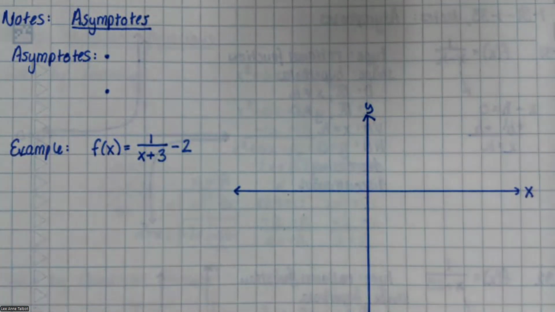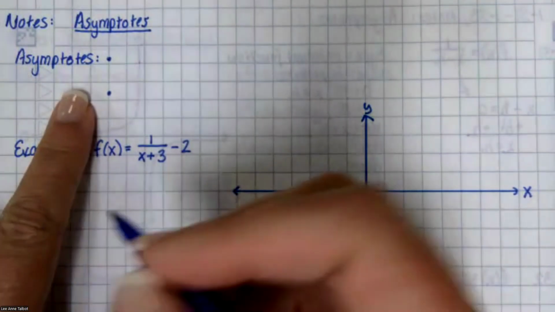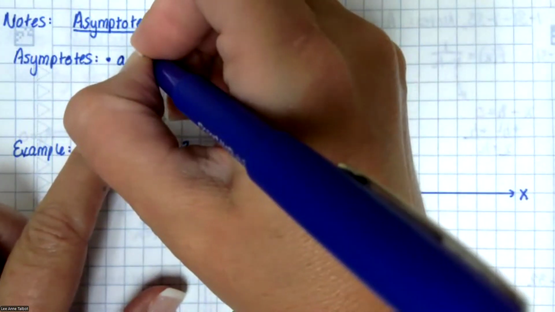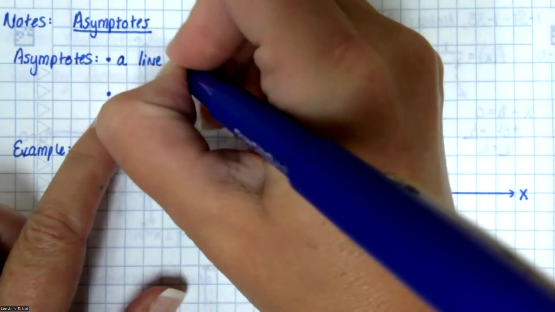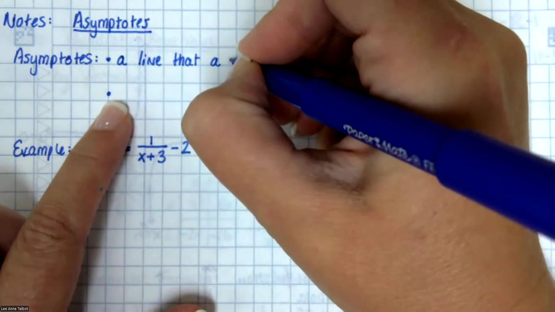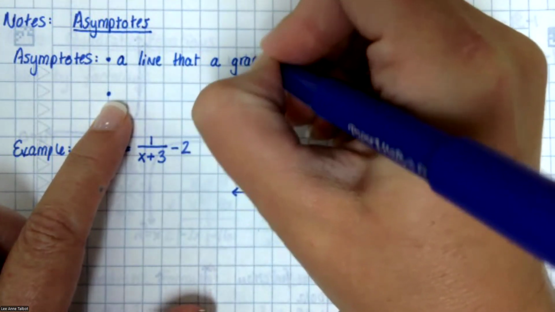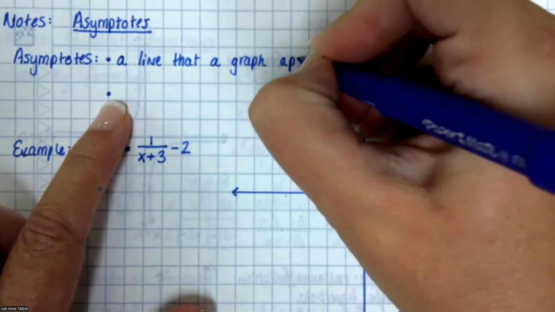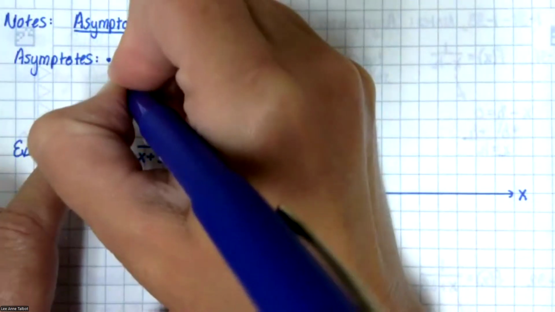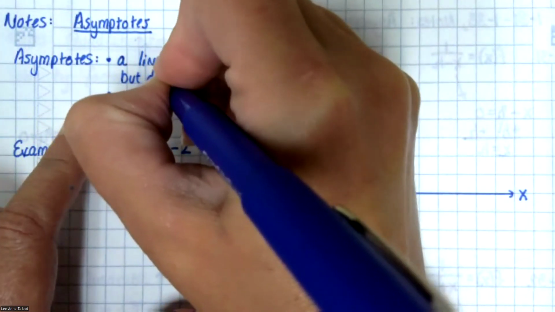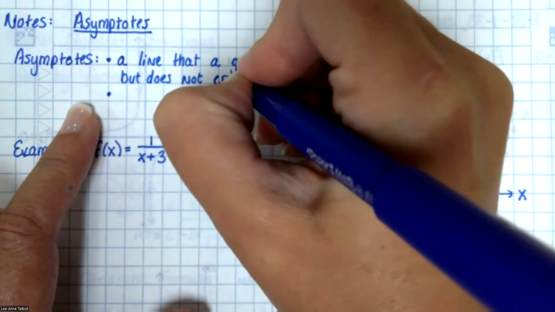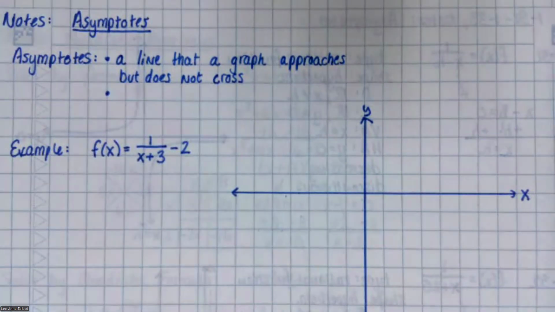Okay, let's move on. So, definition of an asymptote is a line that a graph approaches but does not cross, which is actually kind of a lie.